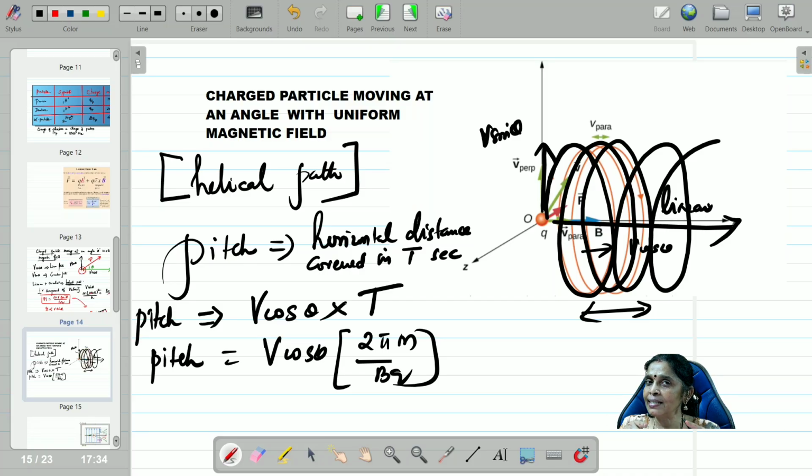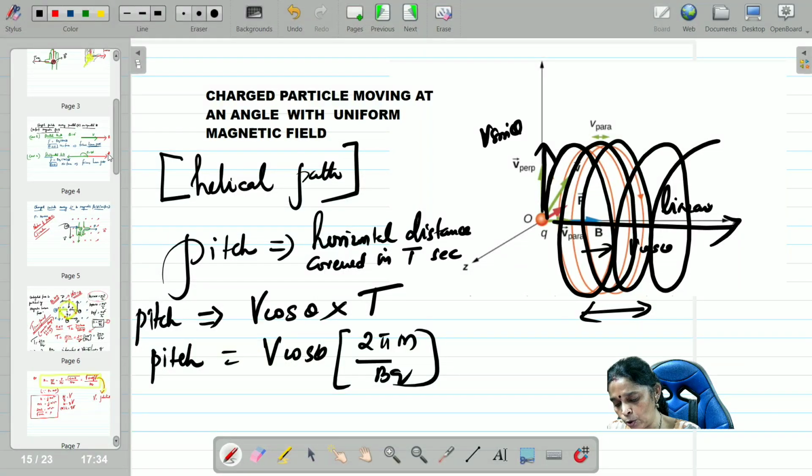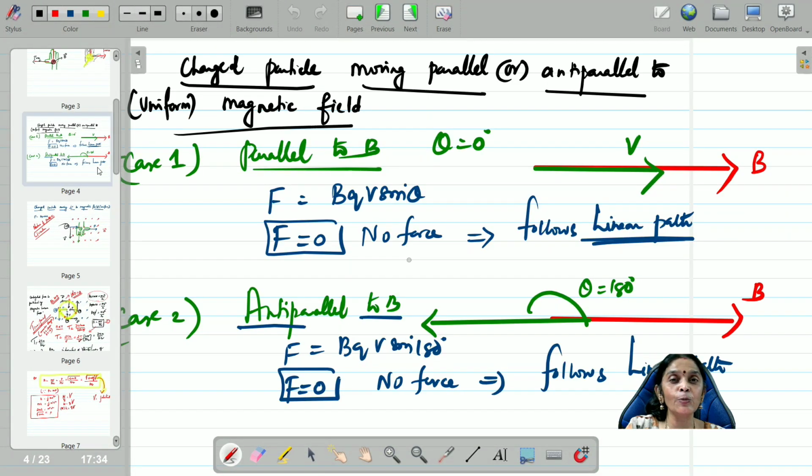Now tell me, children, any charged particle moving parallel to the magnetic field. What is the nature of the force? If it is parallel, theta is equal to 0, right? Since it is 0, the force it experiences is zero. At the same time, if it is anti-parallel, what is the nature of the force? Again, no force, because sine 180 is 0, sine 0 is 0.